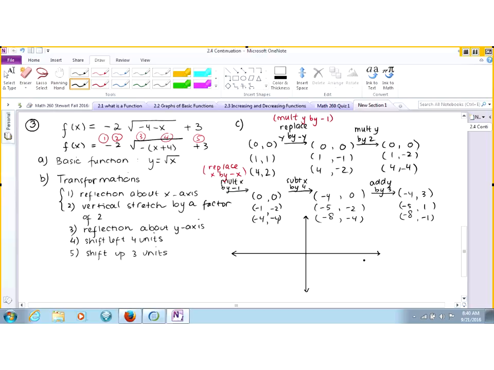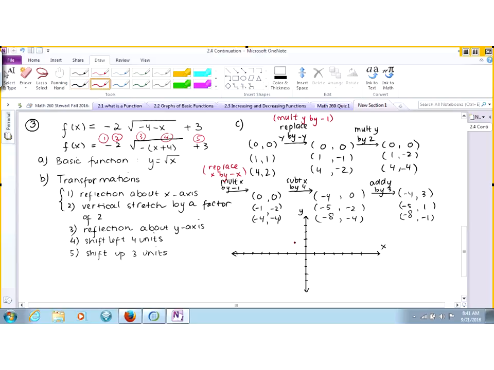Probably not so much reflection, right? Trigonometry doesn't involve much reflection. Because in trig, cosine is even and sine is odd. So if it is even, then cosine x is the same as cosine of negative x. If it is odd, then sine of negative x is negative sine x. So that's why it doesn't involve much reflection.